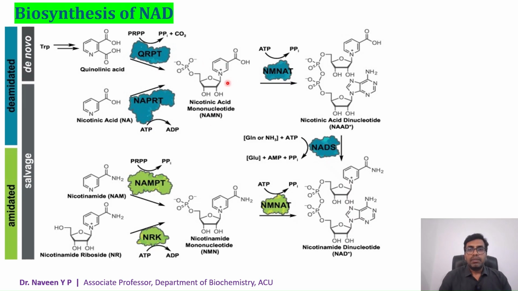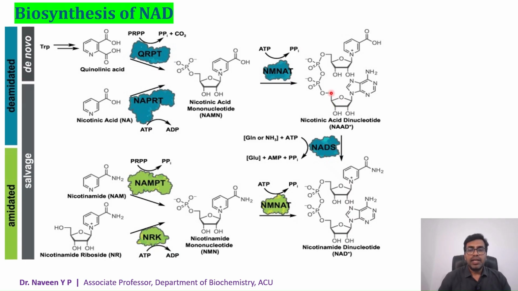To complete that reaction, nicotinic acid mononucleotide, by the action of the enzyme called nicotinic acid mononucleotide adenylyl transferase, will have a transfer of an adenine group. You can see here there is an addition of an adenine group over here. That adenine group will be taken from ATP, and the PPi will be eliminated out here.